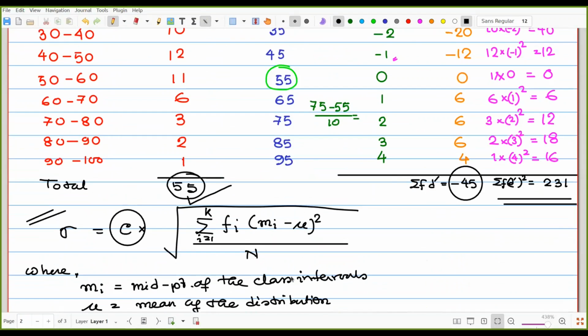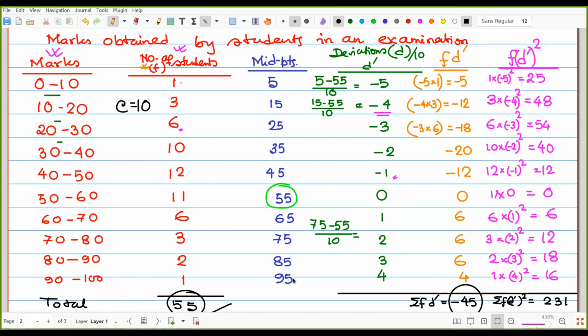So once again, when the group data has been given, just find out the midpoints, then find out the deviations with respect to the class interval, then find out the f d', multiplication of the frequency with the deviation, then find out the f d' square.